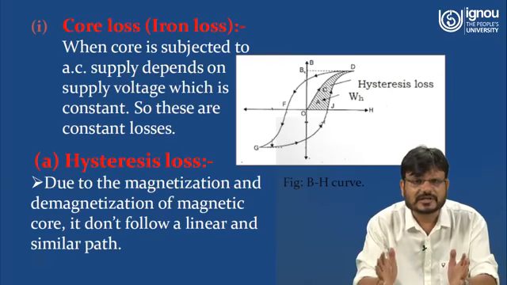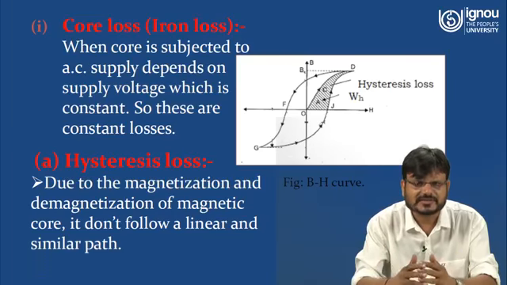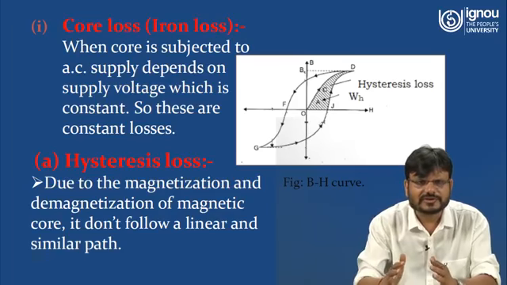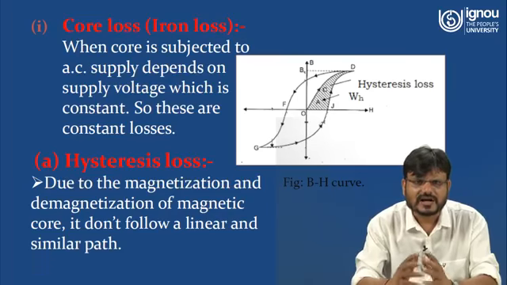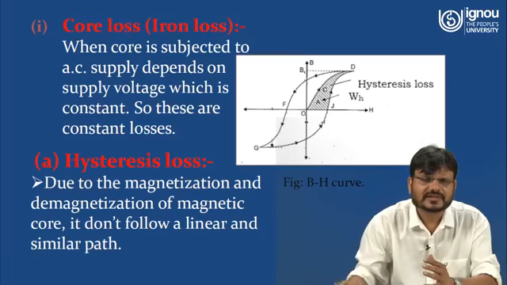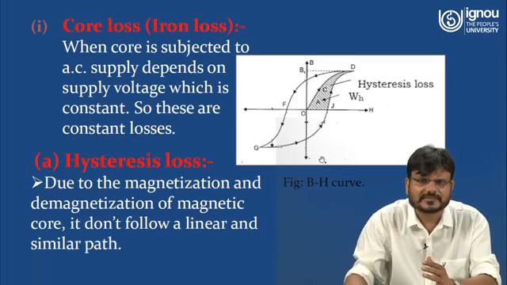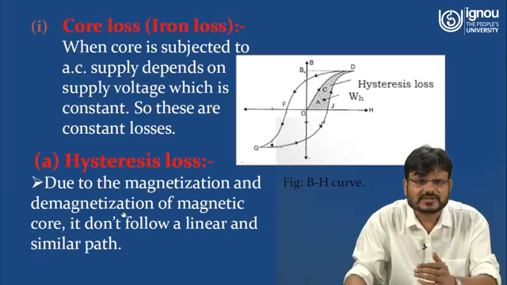These iron losses can be classified as hysteresis losses and eddy current losses. First we are going to discuss how hysteresis loss happens. In the diagram, hysteresis losses occur due to the magnetization and demagnetization of the magnetic core, which does not follow a linear and similar path.